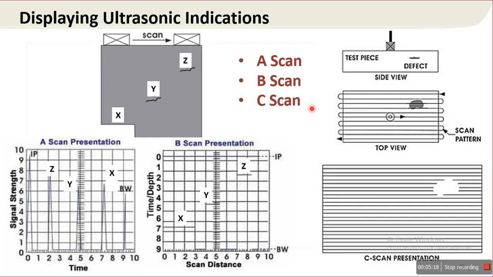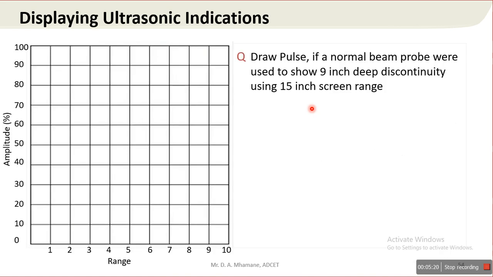So let us move towards another slide. So now we will solve a few numericals, simple numericals. So this is the machine screen which represents a type of scanning system.